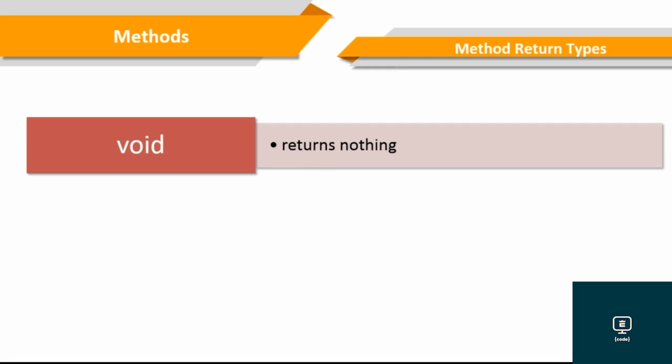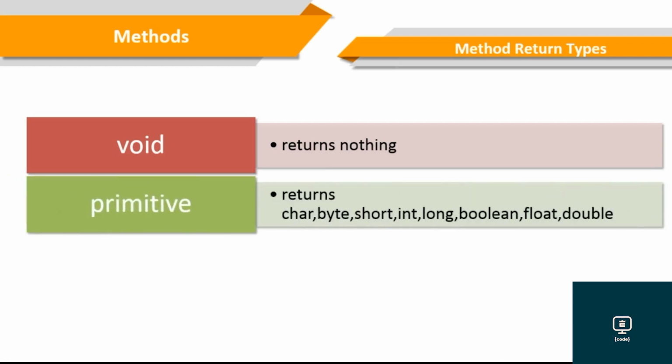So when a method does not return a value, it's indicated by the keyword void before the name of the method. If you declare a method with primitive types, your return type method must be the same, right? So primitive methods return char, byte, short, int, long, boolean, float, and double types.